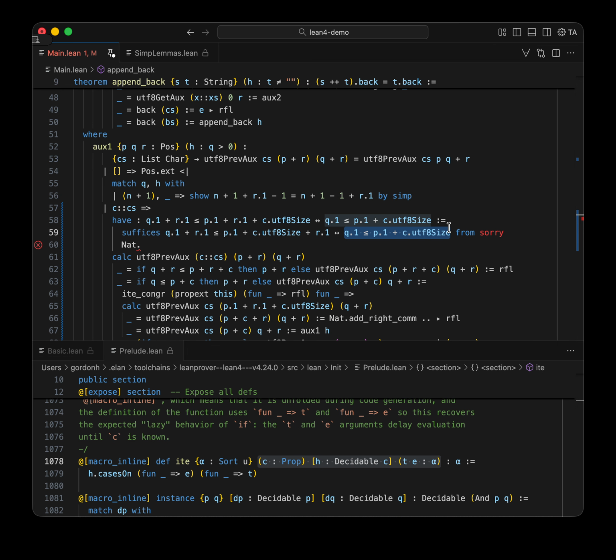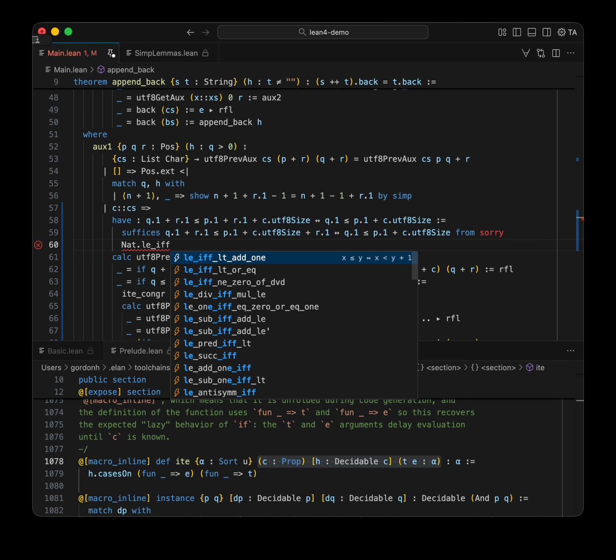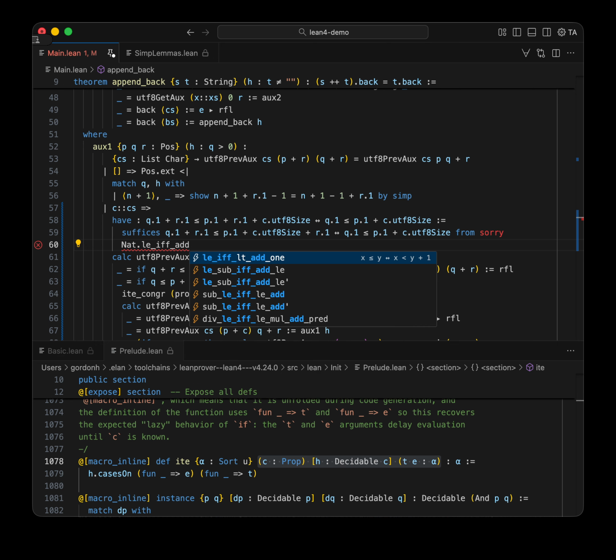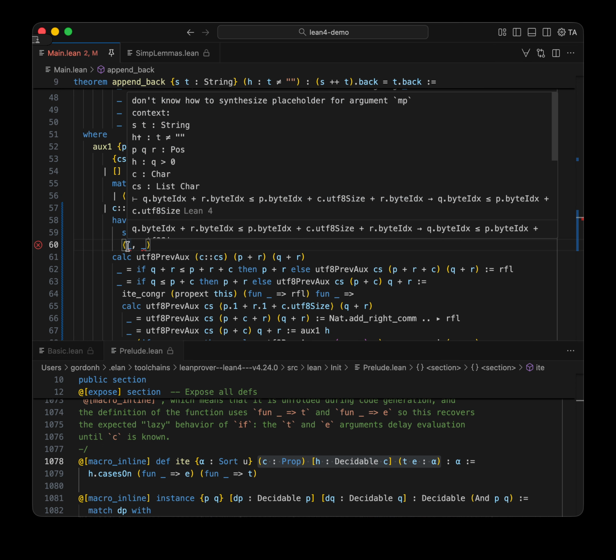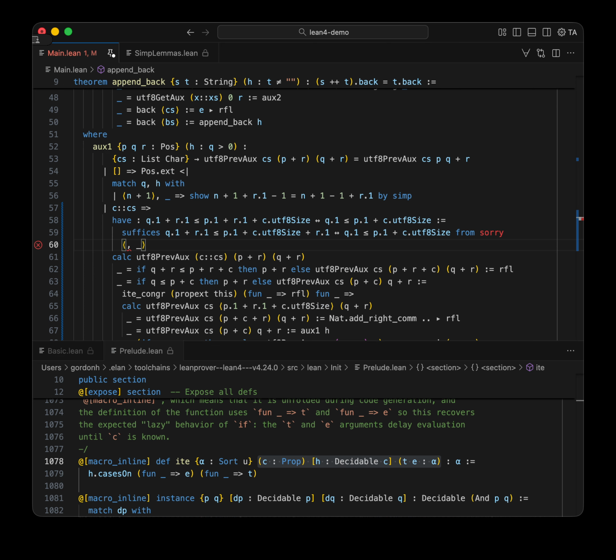We have this, something less than, and then adding the same thing to the right of both sides. Nat LE, let's see, iff. Add, is there an add? Okay, we have to do it in both directions. Okay, in this direction, from left to right. This is cancellation.